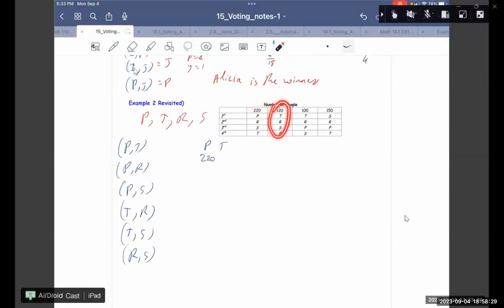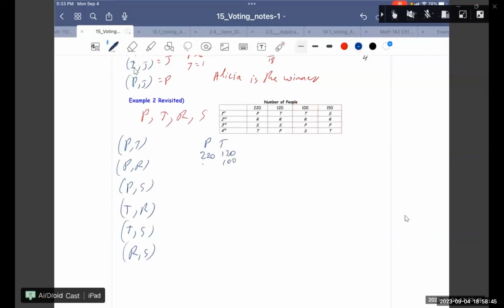And T the win, 120, 120, and 100, and then 150, so 150, and as we know already, this one is P, right? The winner.